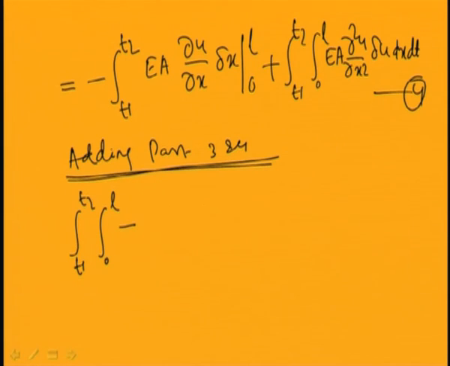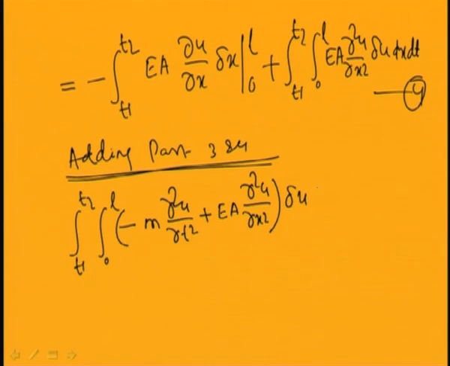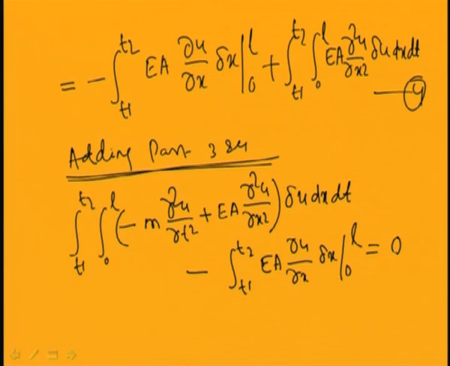So, I can write this as minus m del square u by del t square plus E A del square u by del x square into del u dx dt, minus T1 to T2 E A del u by del x into 0 to L, equal to 0.